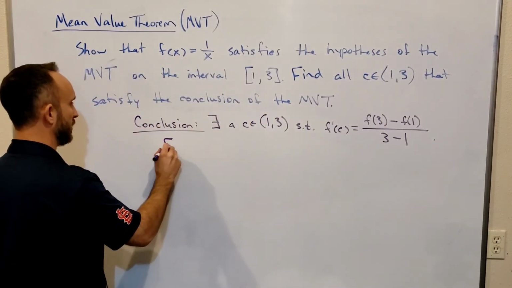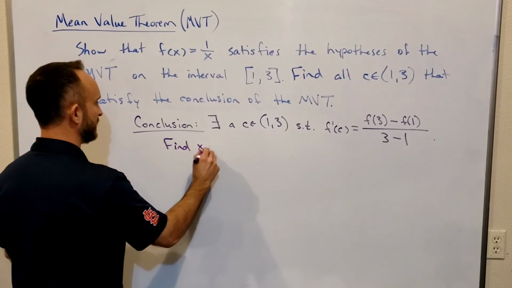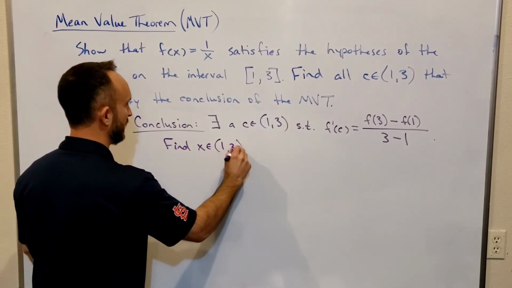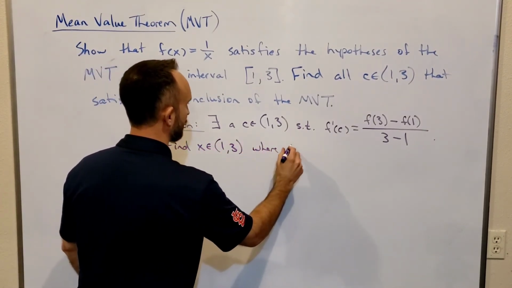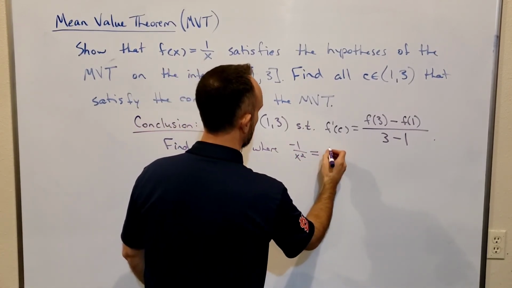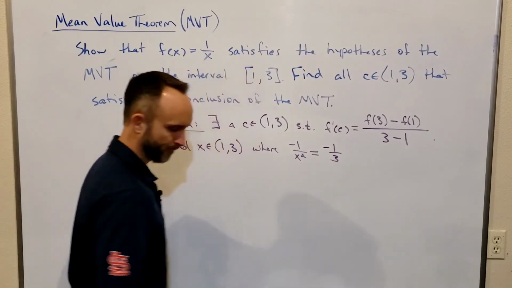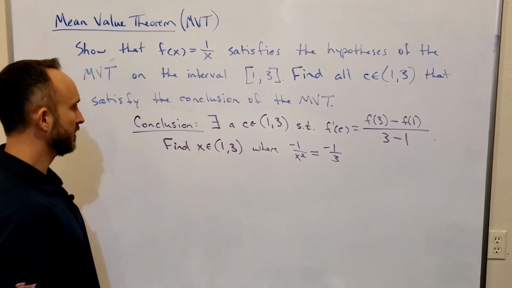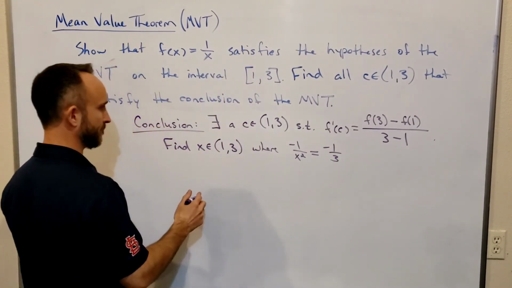What we're looking for is x's in the interval from 1 to 3 where negative 1 over x squared equals negative 1/3. So we're going to solve this equation for x.